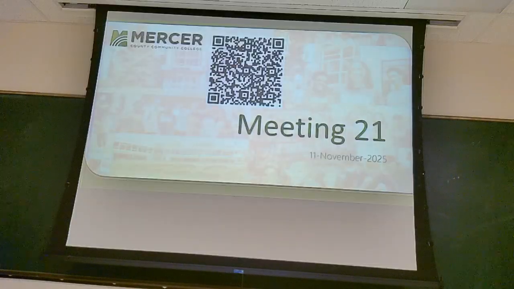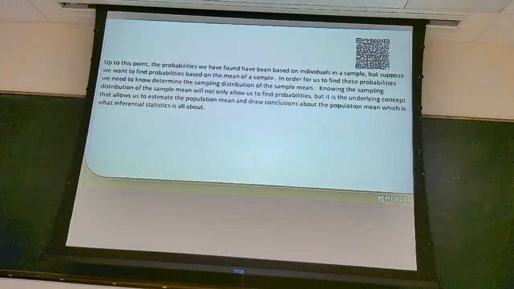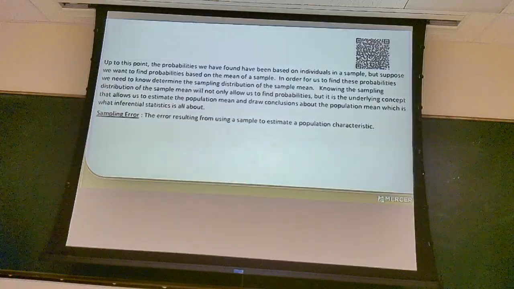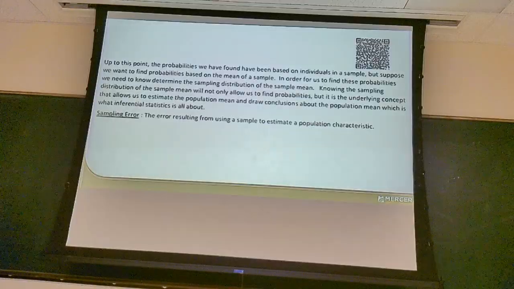This is the central limit theorem. We have sampling error whenever we sample. Whenever you take a sample to approximate some kind of value, there's going to be error associated with that. And this is our sampling error.